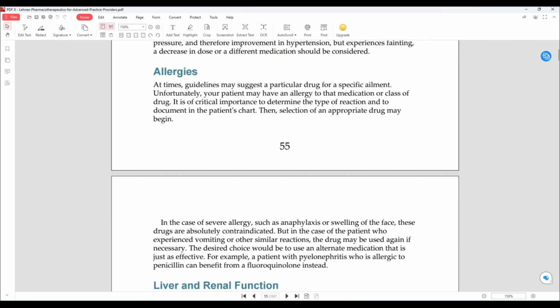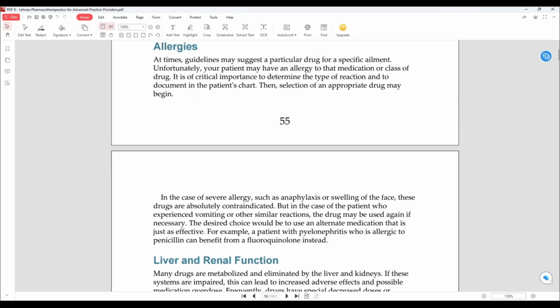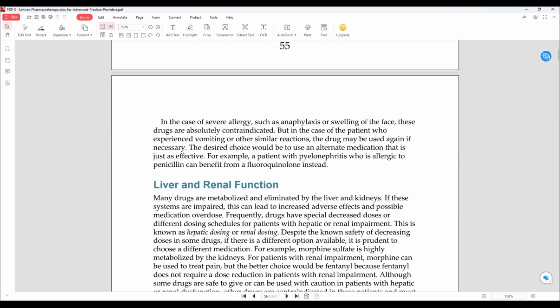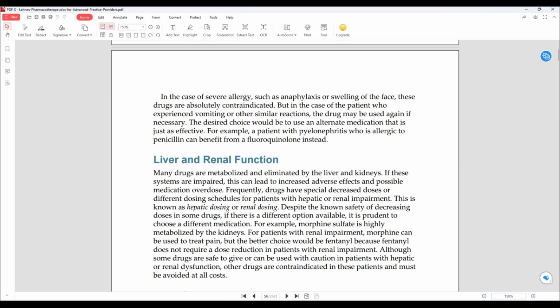Allergies. At times, guidelines may suggest a particular drug for a specific ailment. Unfortunately, your patient may have an allergy to that medication or class of drug. It is of critical importance to determine the type of reaction and to document in the patient's chart. Then select an appropriate drug. In the case of severe allergy, such as anaphylaxis or swelling of the face, these drugs are absolutely contraindicated.